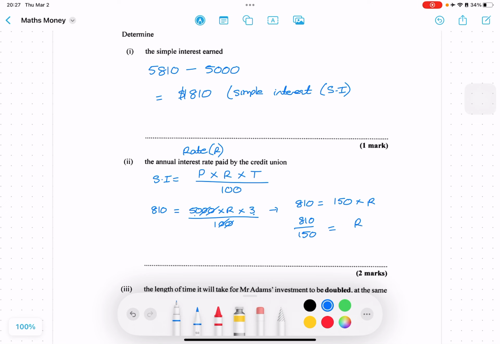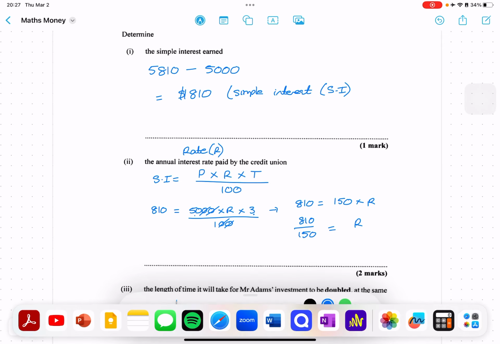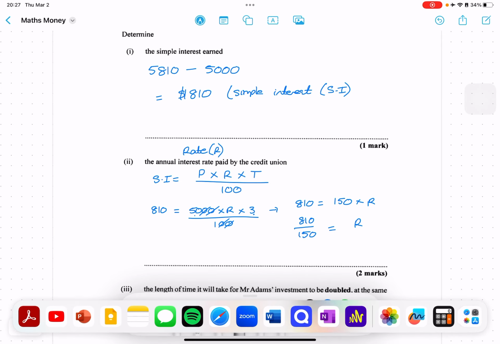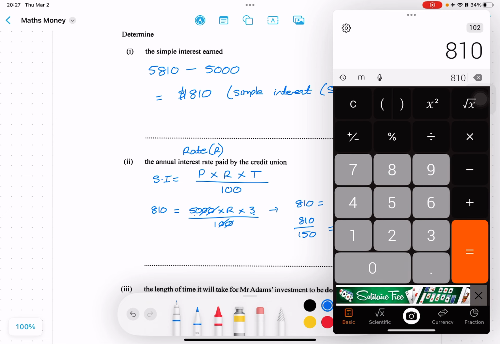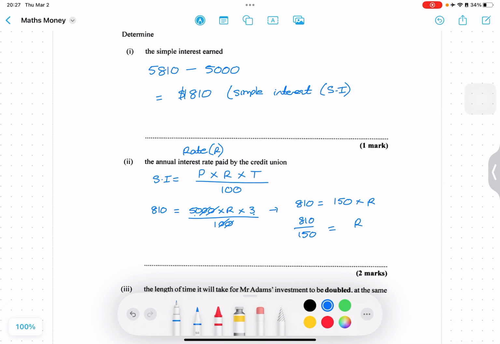So this is how you will get your R. So we just whip out our calculator here. 810 divided by 150, and we get 5.4%. So the rate is 5.4% per annum.